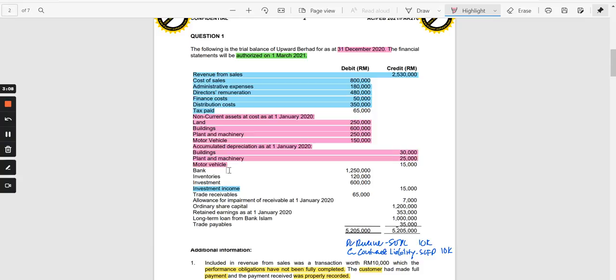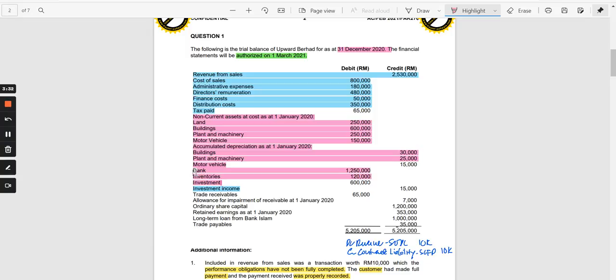But you need to do adjustments first, the ones related to depreciation, revaluation surplus, any disposal or addition. That was up till motor vehicle. That one will go to the non-current asset section.